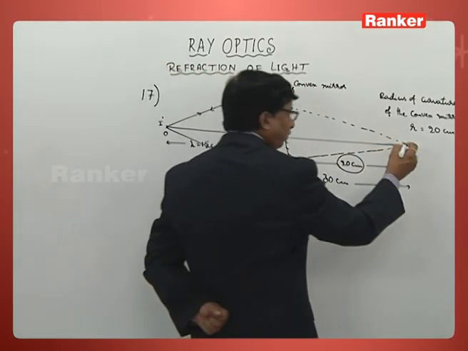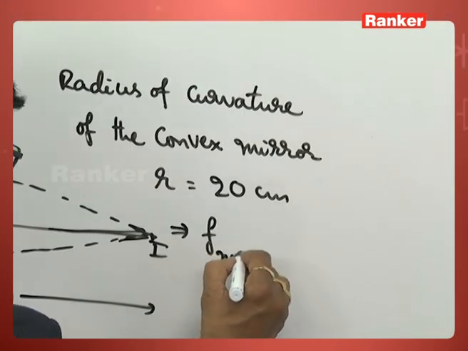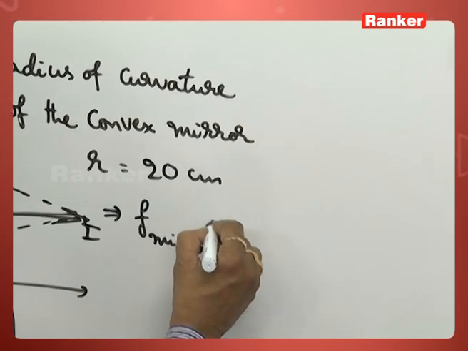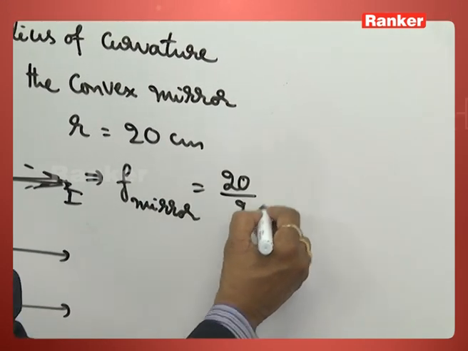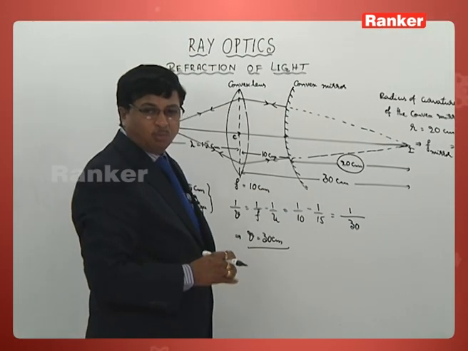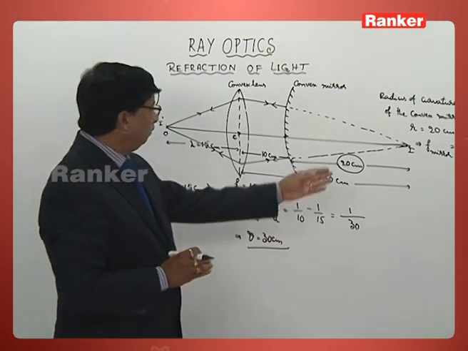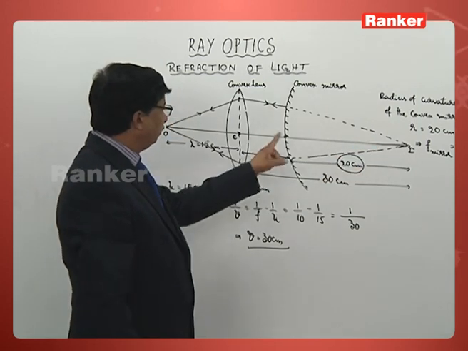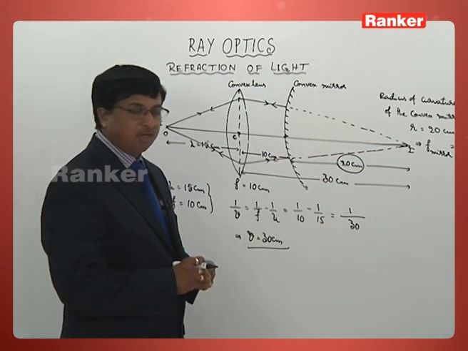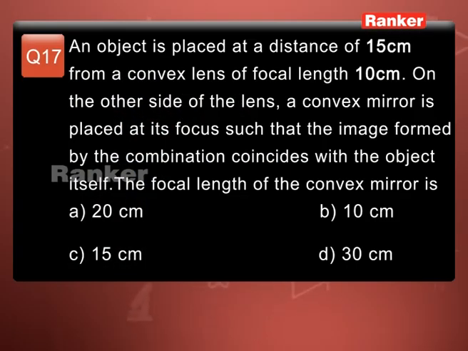If R is to be 20 centimeter, then focal length of this convex mirror must be half of this value. So how much it should now be? 10 centimeter. So what is the focal length of the convex mirror is the question he is asking. So you can directly come to the conclusion, the focal length in this particular case of this mirror must be 10 centimeter.